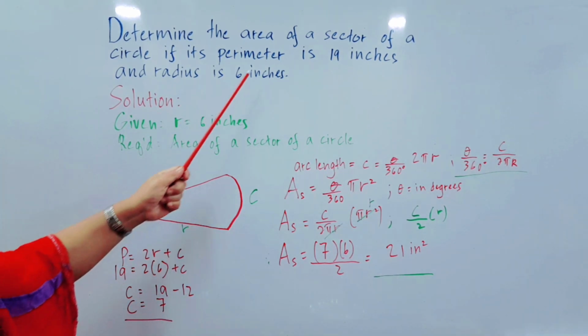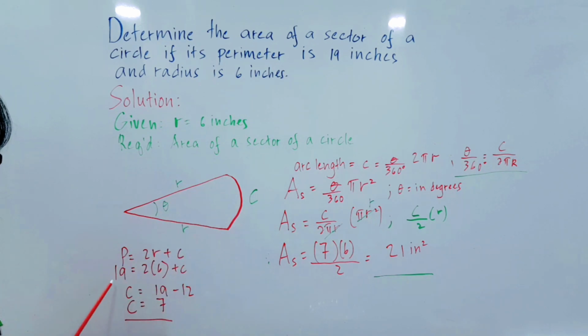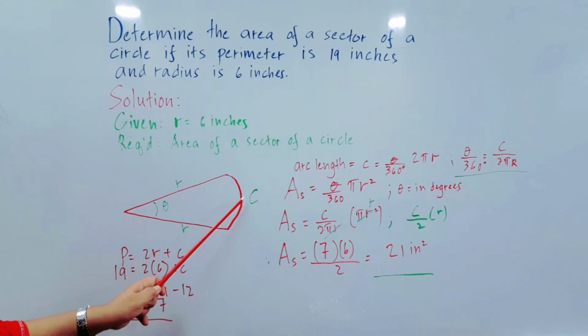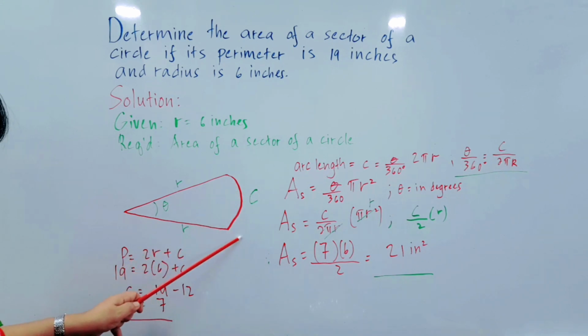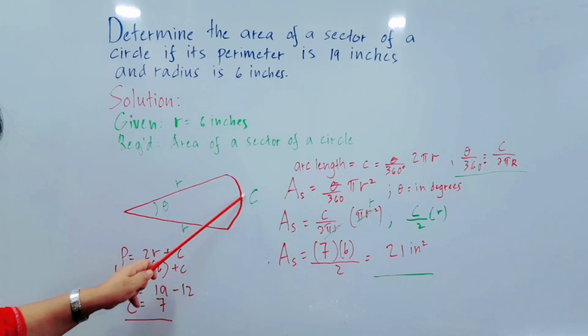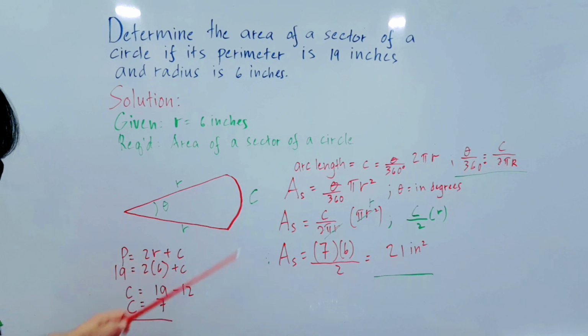Now, substituting the value, perimeter is equal to 19 inch is equal to 2 times the radius, which is equal to 6, plus C, which is this one, the arc length. This is the arc length, C. Therefore, simplifying this one, C therefore is equal to 19 minus 12, which is equal to 7.